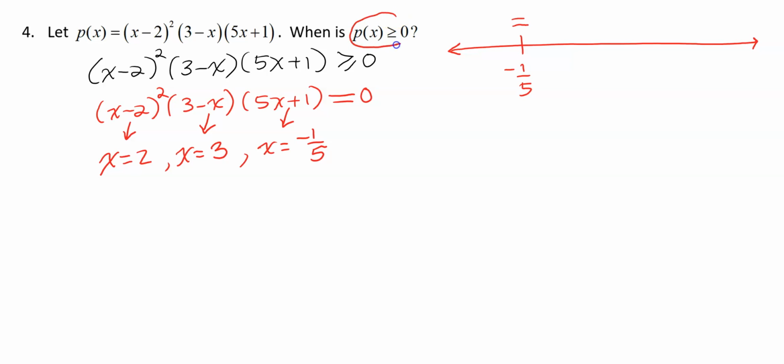We do want greater than or equal to 0, so we will include it when it's equal to 0. And then 2, that is when it's equal to 0, we will include that in our solution. 3 is when that is equal to 0, and we will include that in our solution as well. Those are our cutoff points, our critical points.